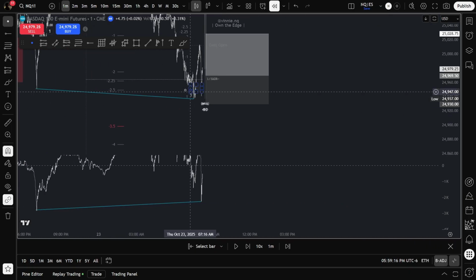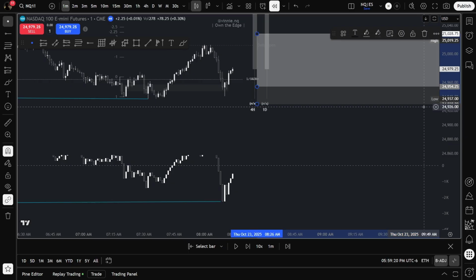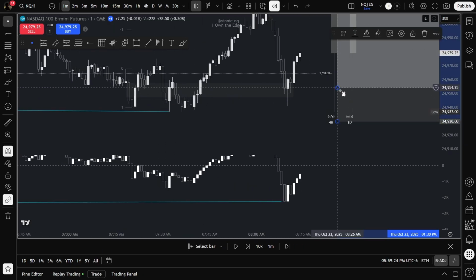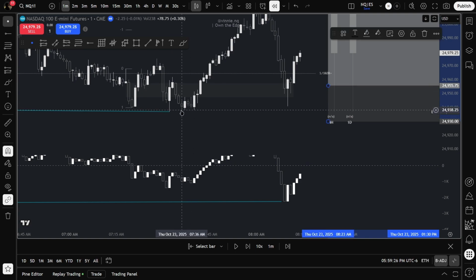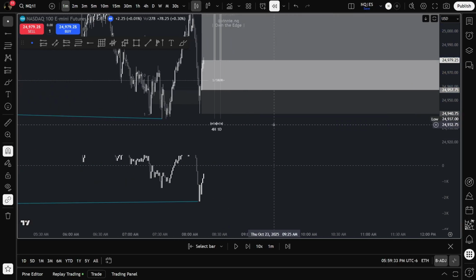So right after we tap my levels and I see that SMT form, look at this. Take that trade right here, especially off this, whatever. I don't remember my thought process at this time, but boom, just like this.